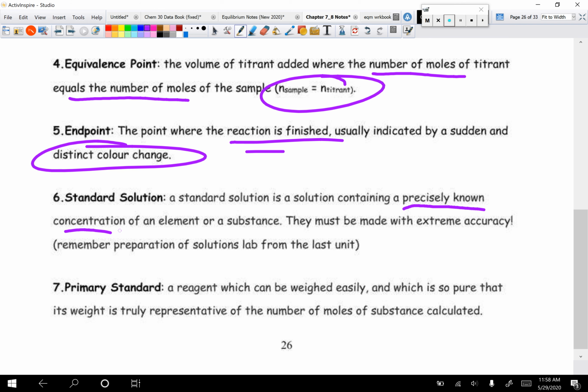A primary standard is what we use to create the standard solution. It's a reagent that can be weighed easily and is pure. When you use it, the number of moles calculated is true. For the purity, we're looking at 100% pure. Obviously something that's 70% pure isn't going to work as a primary standard.